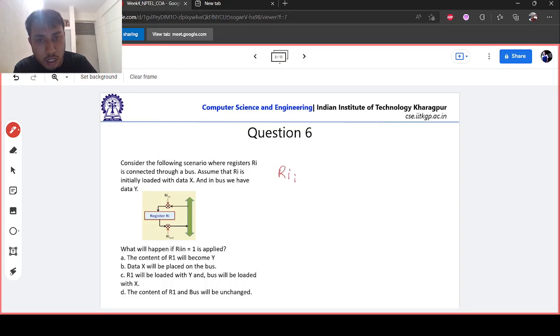Ri in is basically the input control of register Ri.